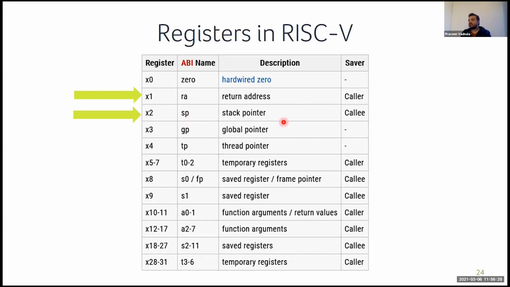And the second one is the stack pointer. So again, when there are nested function calls or local data, you have all of them allocated on the stack.